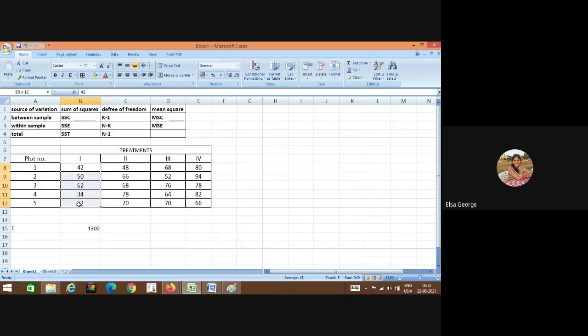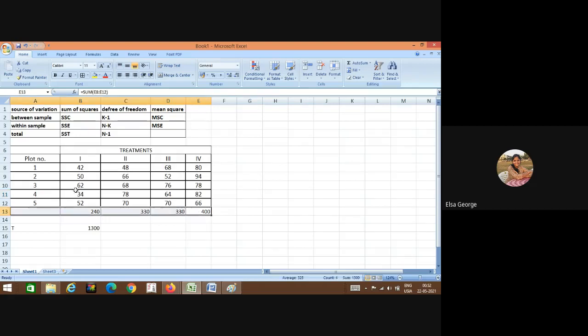Now let me also take the totals of these treatments. This is 240, then the next one is 330, then 330, and then we have 400. These are the column totals.